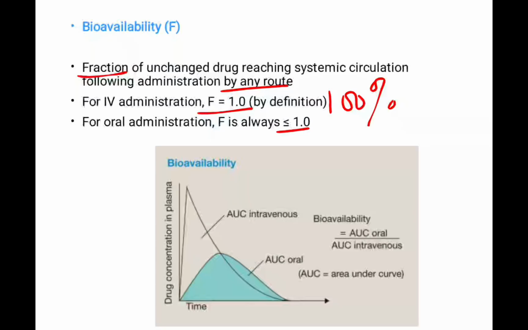It's mostly less than 100%. So what this means is when one takes a drug, the unchanged drug that reaches systemic circulation after so many... We said pharmacokinetics talks about ADME, right?